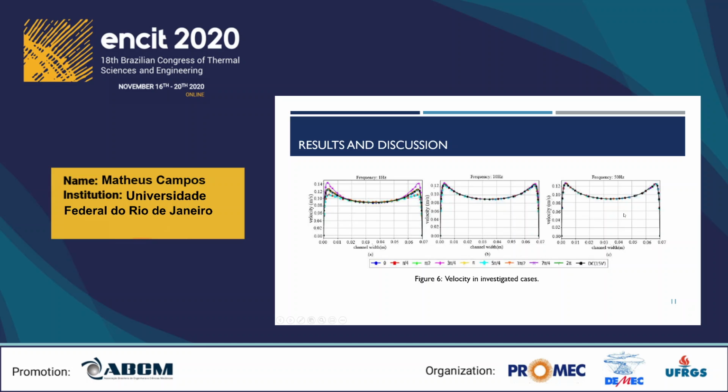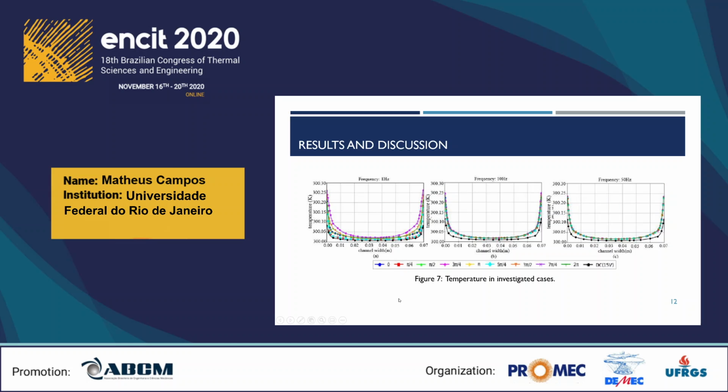And for the highest frequencies, there is a great agreement between the DC and AC case, while for the lower frequency there is a high amplitude in the velocity profile oscillation. For frequency around 10 Hz, this oscillation is not significant, while for 1 Hz it's quite high.